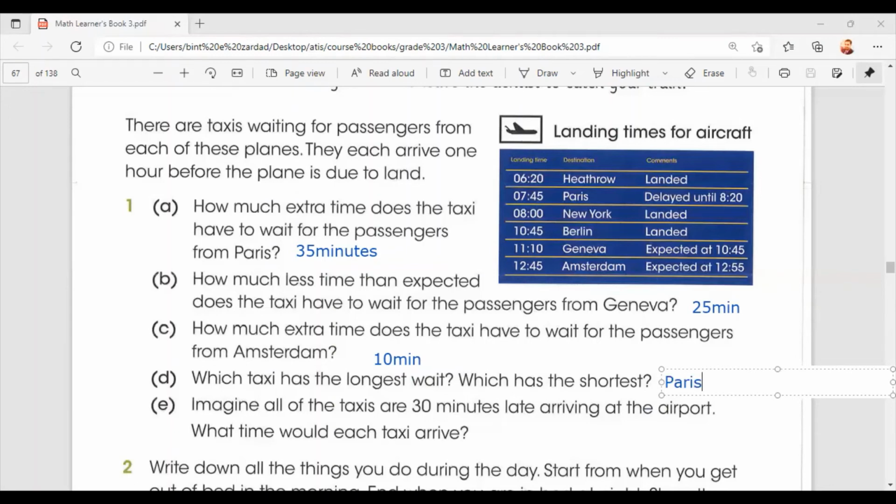Or we can write it above here: longest wait, Paris airplane. And which taxi the least one? Geneva, this one. That's 25 minutes less time it needs to wait. The shortest time is from the Geneva plane.